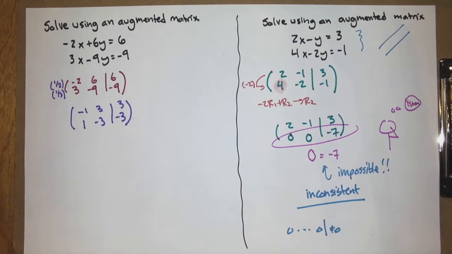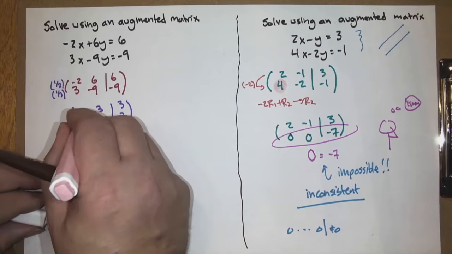Negative 1, 3, 3, 1, negative 3, negative 3. So we scaled the rows. All right, now what should we do? Well, we can channel our inner, hey, let's make a 0.